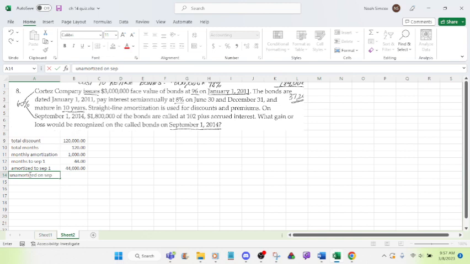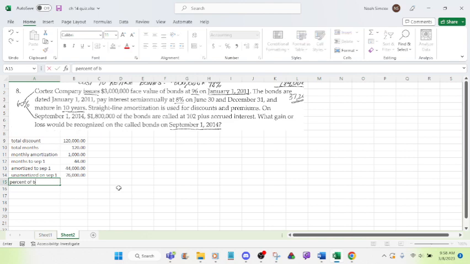Unamortized on Sep 1 equals this minus this. And they called this much of them.